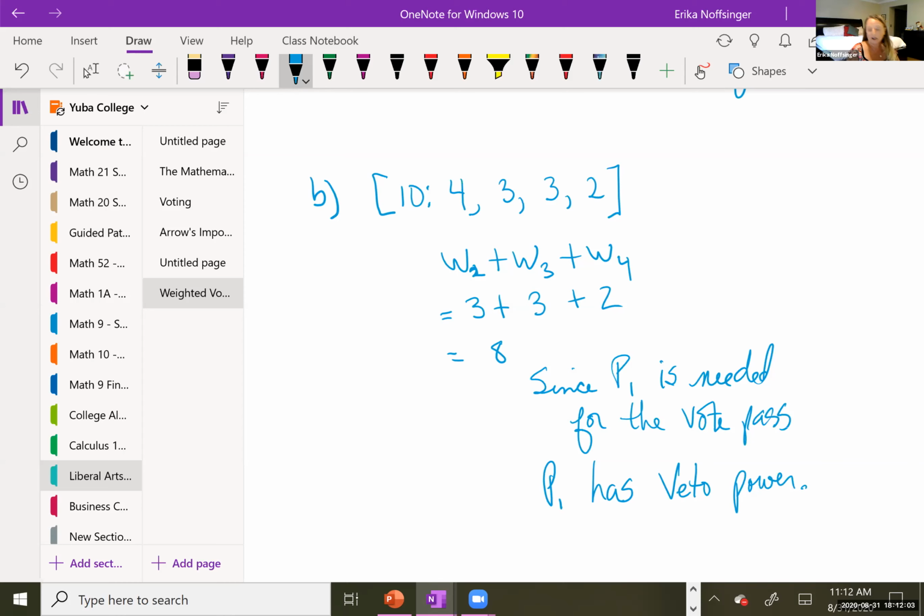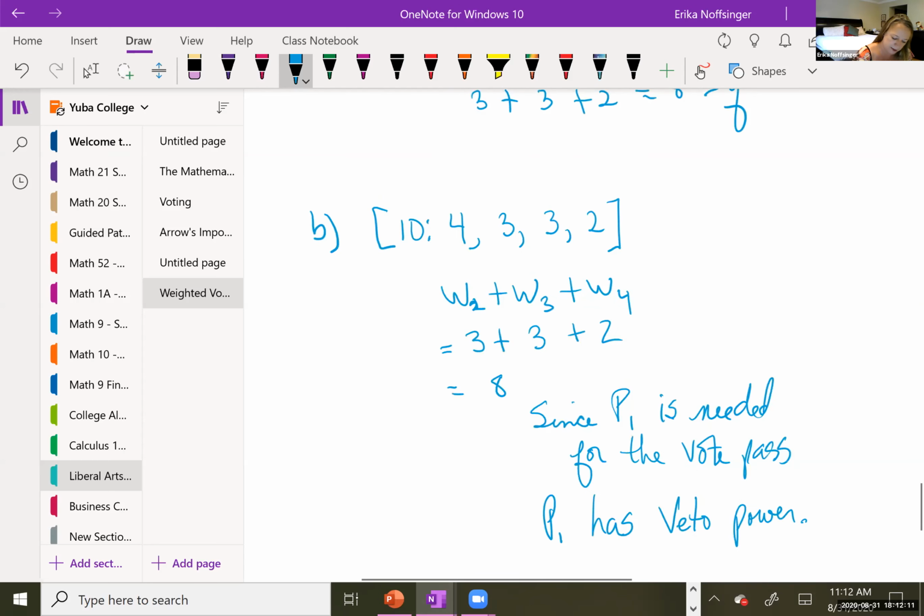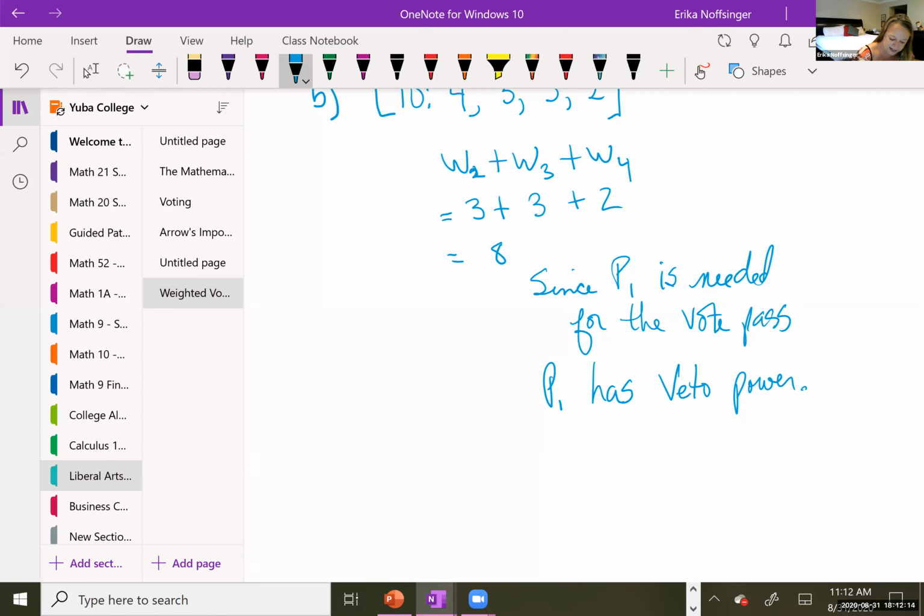Let's see though, because it's possible that more than one person has veto power. Does player 2 have veto power? And if they do, then player 3 is also going to have veto power because they have the same weight as player 2. So does player 2 or player 3 have veto power?